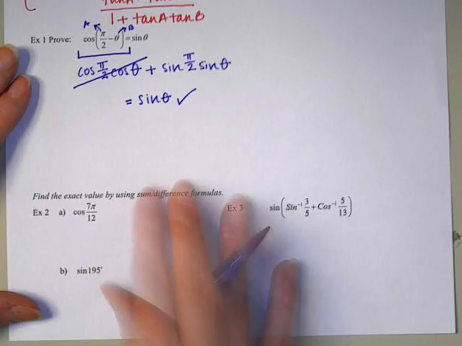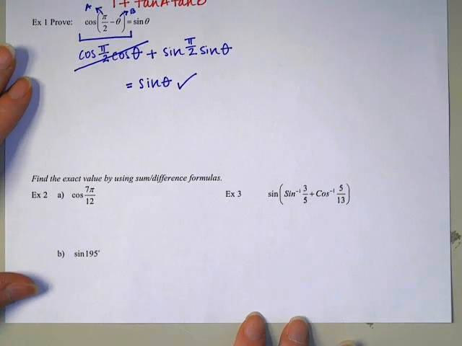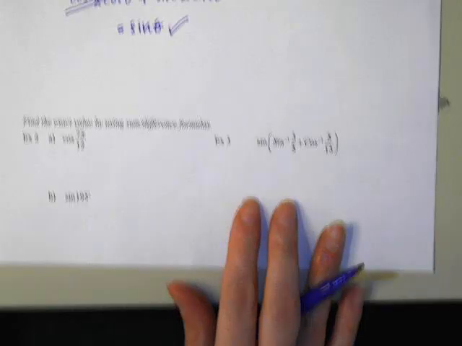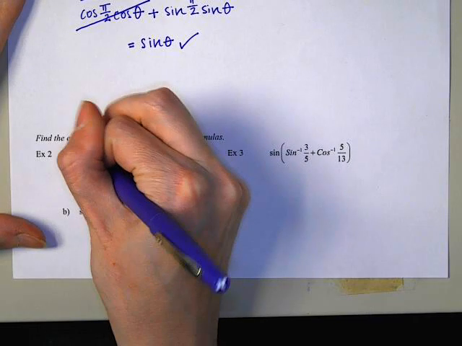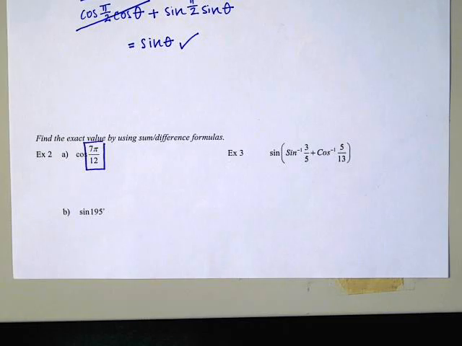So let's do another one, evaluating using these identities. So example 2, find the exact value by using sum or difference formulas. So is there any way to get 7 pi over 12 by either adding or subtracting 2 radian angles?